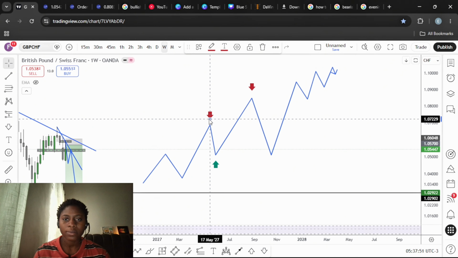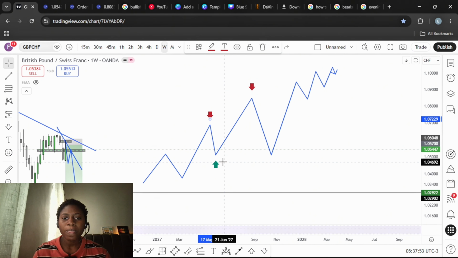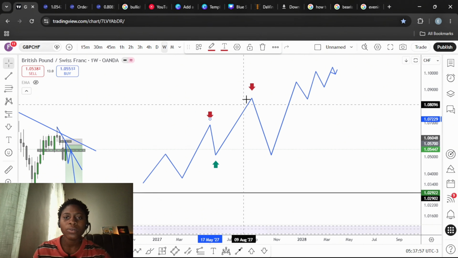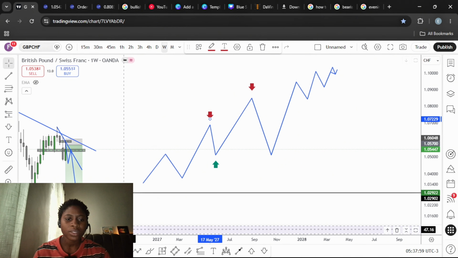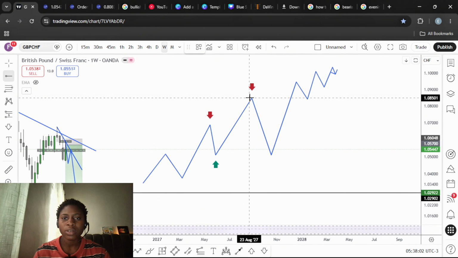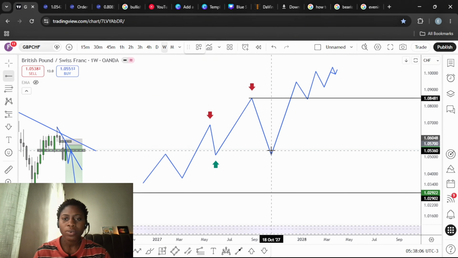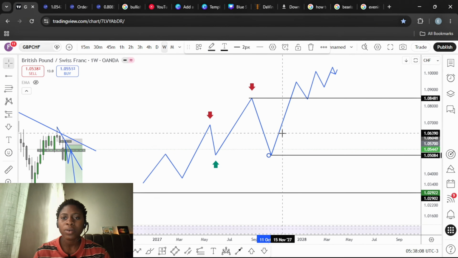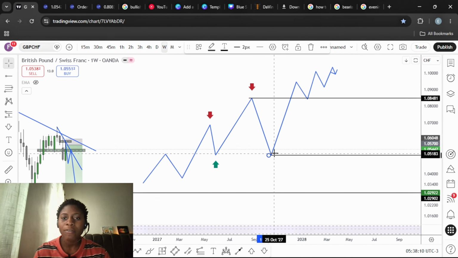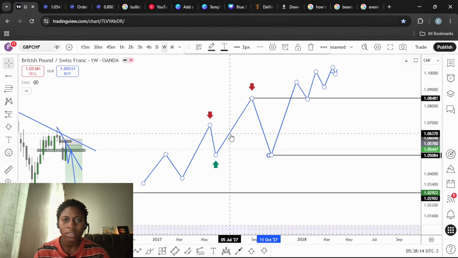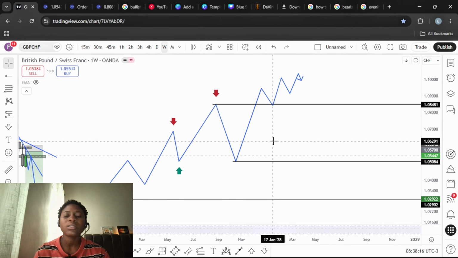And mind you, when price moves from this swing low to this new swing high, this becomes our trading range. From here to this point, we should expect the market to have a pullback before it continues in the direction of that trend, right? So this is a typical uptrend.